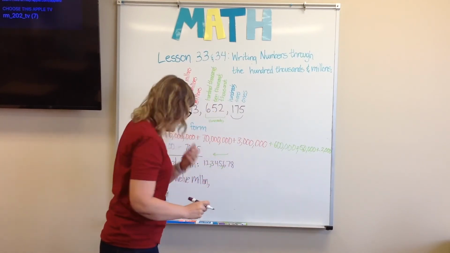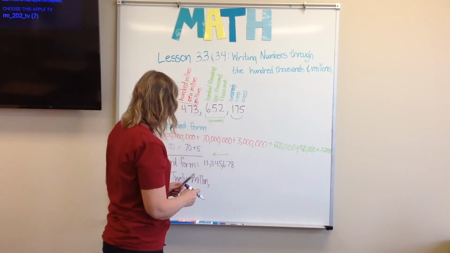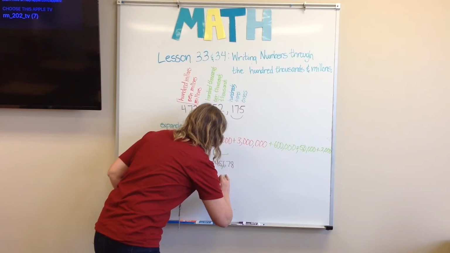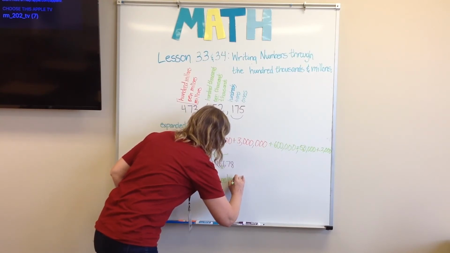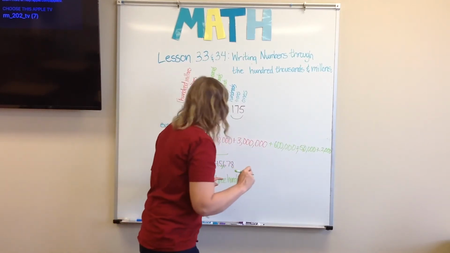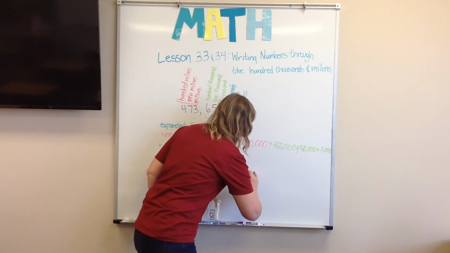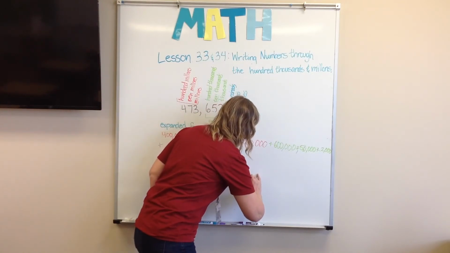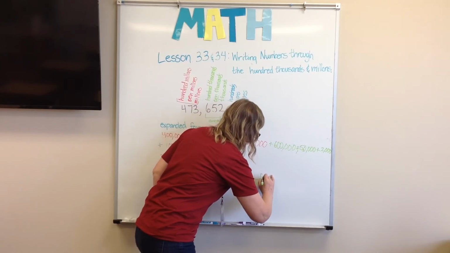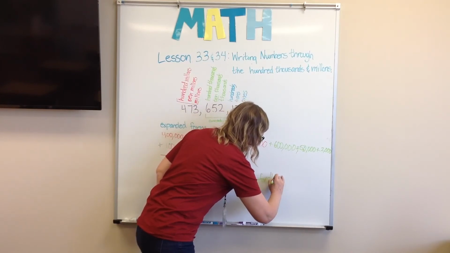So are you ready to write that? I'm going to write this in green. We have to write 300. You want to say "and," but don't. It's just 300, hyphen, 45,000.